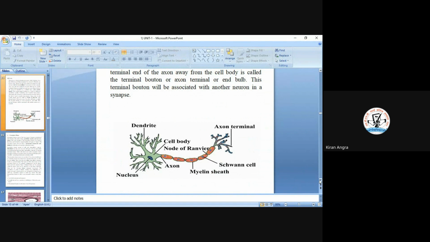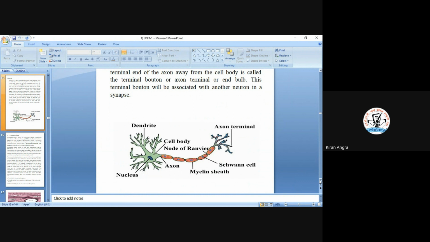It contains a nucleus. You are looking in the diagram. It also has a cytoplasm, called perikaryon. Clusters of ribosomes and rough endoplasmic reticulum called the Nissl bodies are also present in the cell body.